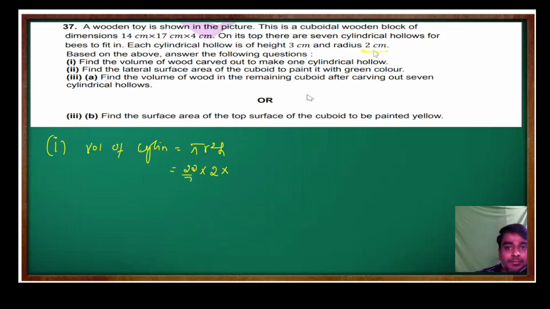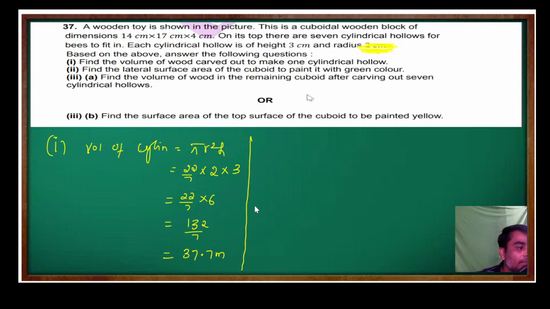Radius is 2 and height is also given, 3. So this will be 22 by 7 into 6. 22 into 6, 132 by 7. If you divide 132 by 7, you will get 37.7.